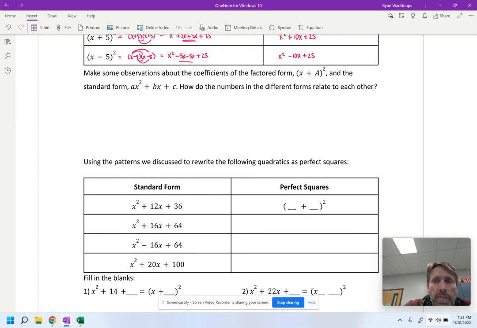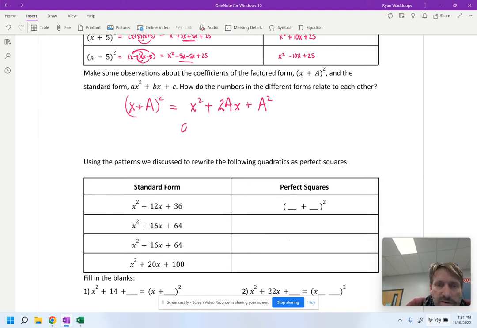I think you could argue that x plus a, quantity squared, is equal to x squared plus 2ax plus a squared.